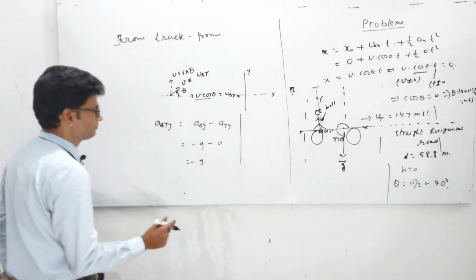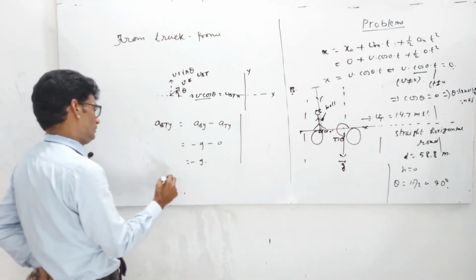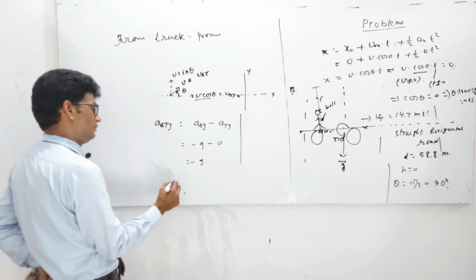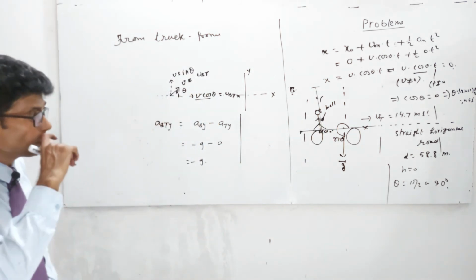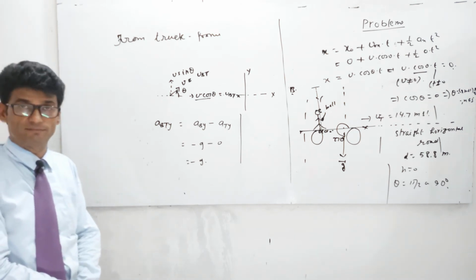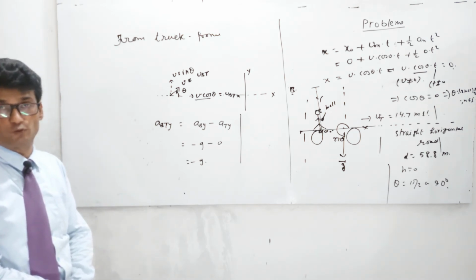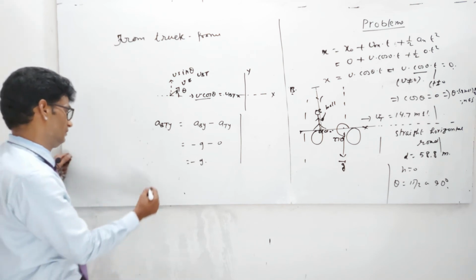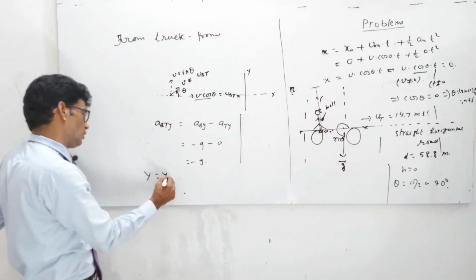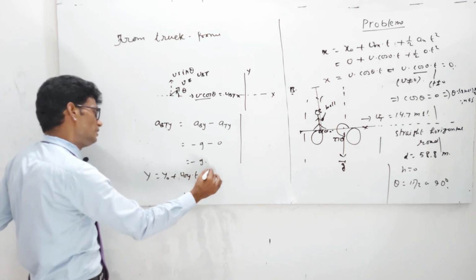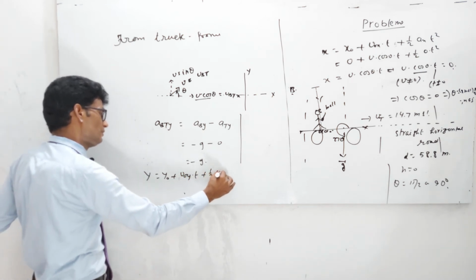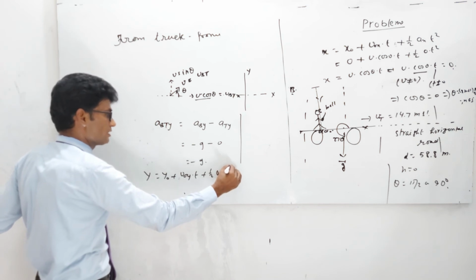So here, time of flight. So we have to use what? Y motion. We have to use y motion. Look here: y is equal to y naught plus v naught y into t plus half a_y t square.